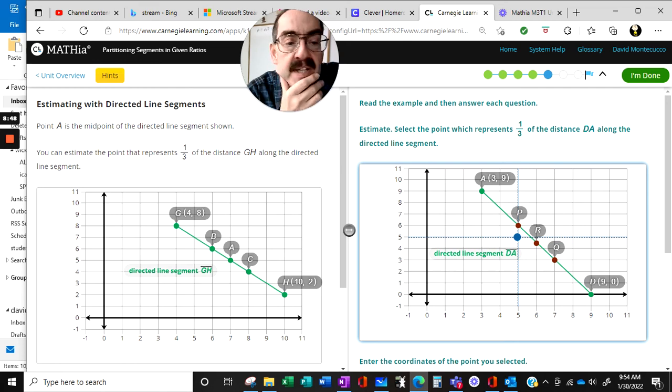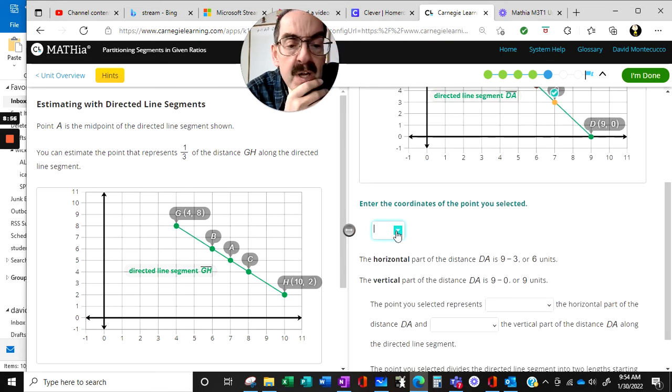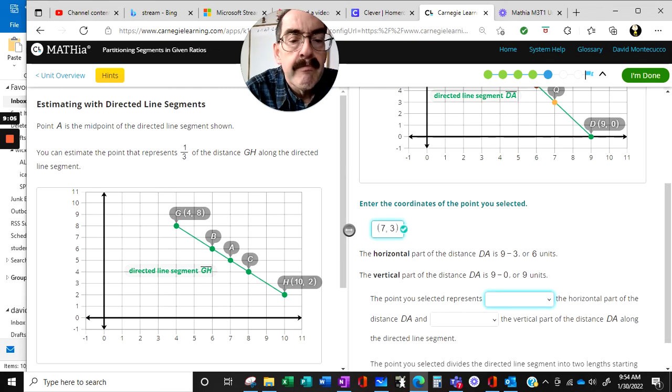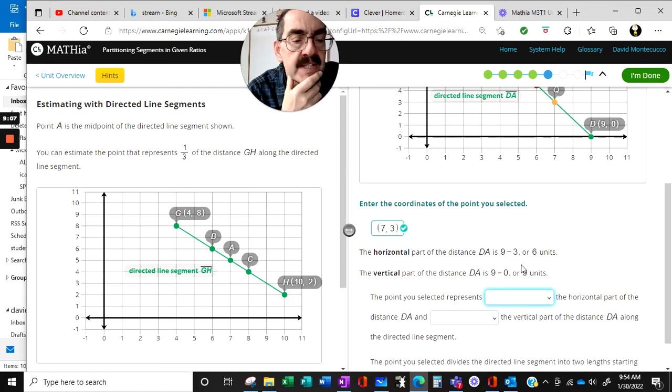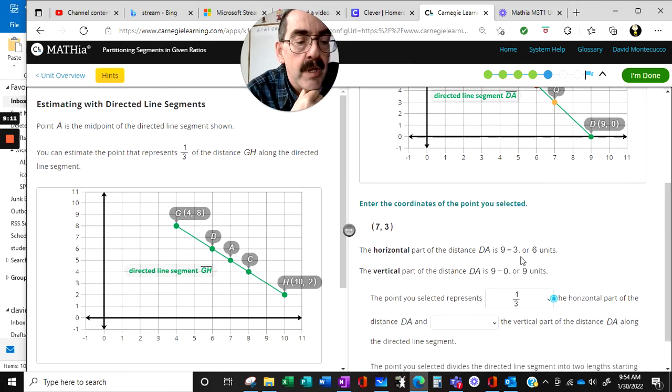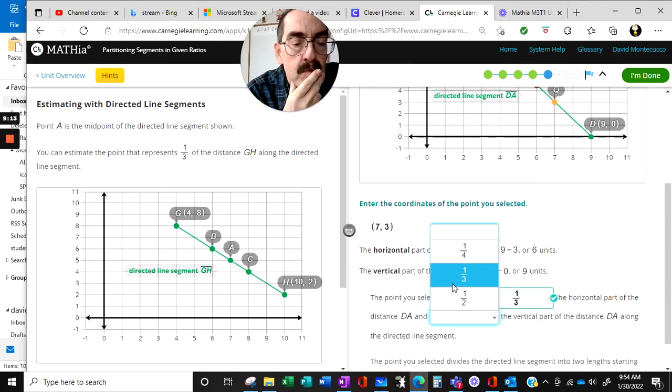Alright, 1/3 the distance. Okay, 1/3 DA. 1/3, 2/3, 3/3. So we got point Q. And we got shift 9. (7, 3). Cool. So we got these distances. The points are 1/3 and 1/3.